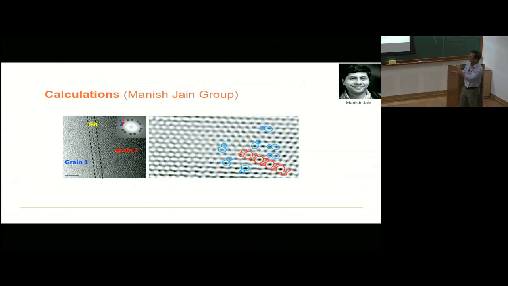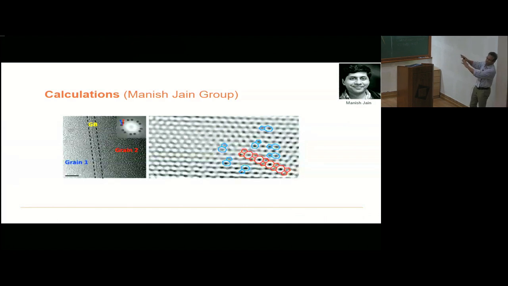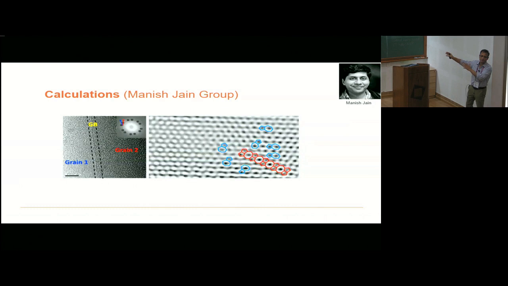I'm down to my last slide here. Transmission electron microscopy shows there are different types of defects that can be present in the system. One of the defects possible is this pentagon-octagon. You really need to be a transmission electron microscopist to understand what the nature of the defects is.